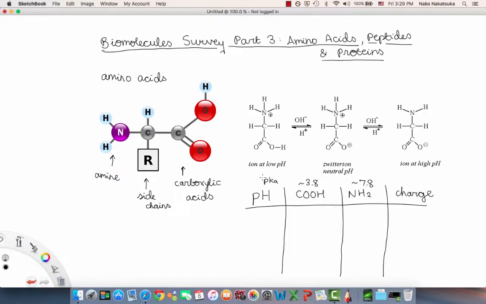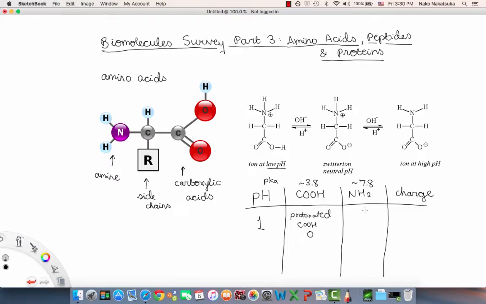So now let's try a low pH value, such as pH 1. At a pH of 1, the pKa of COOH is 3.8, so it's going to be protonated, right? Because the pKa is higher than the pH value, this would be protonated. COOH in its protonated form is just COOH, and thus it's going to be a charge of 0.